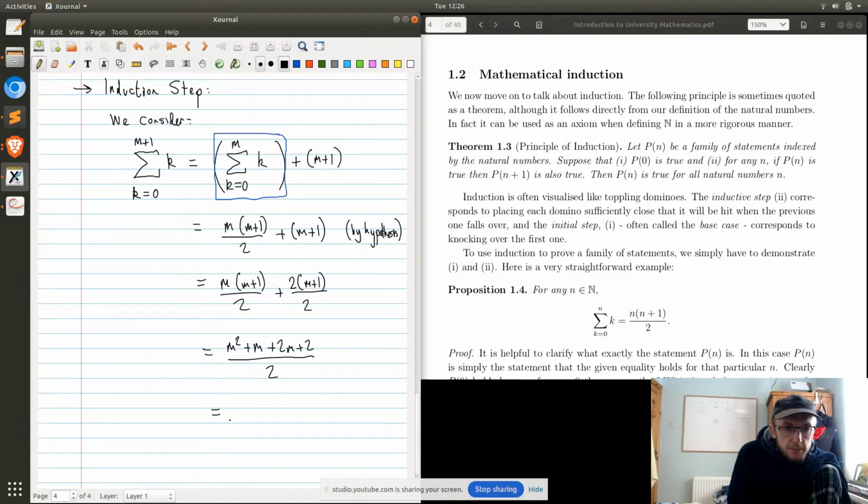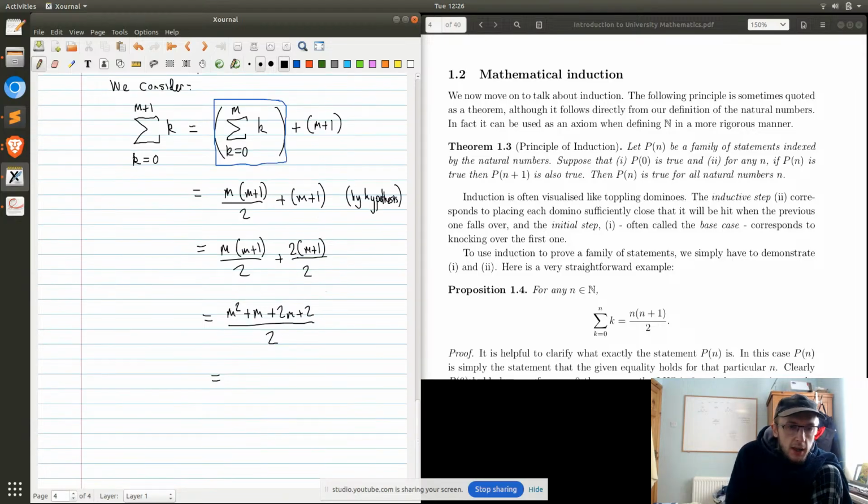Which is like that. And that there is m squared add 3m add 2, which can be factorized into m add 1 times m add 2. And then that's obviously exactly the same thing as the proposition for m plus 1.